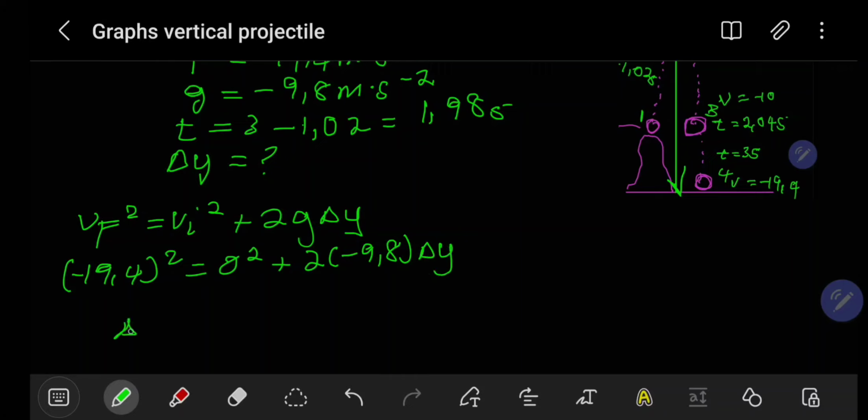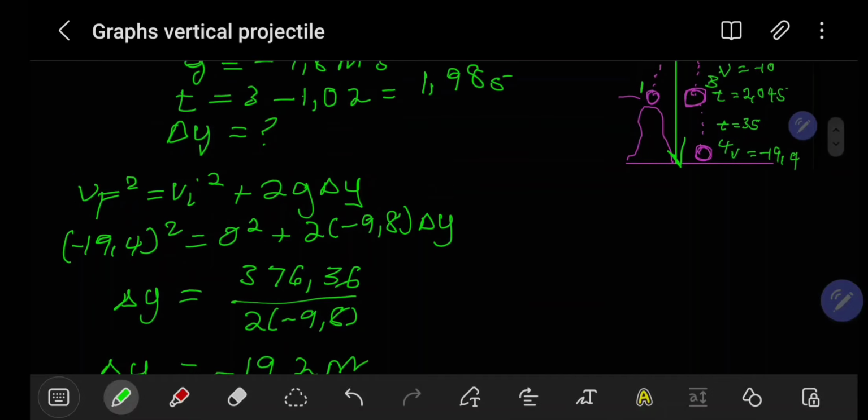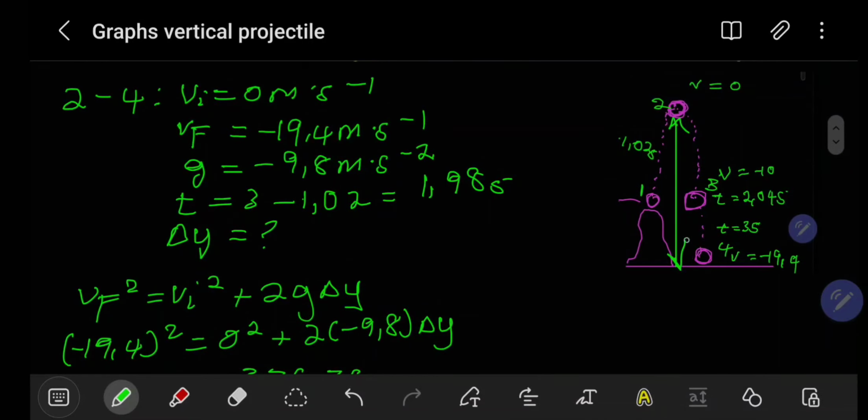Then when we simplify this, we will have change in displacement equals 376.36 divided by 2 into minus 9.8, and now our change in displacement, or our maximum height, is negative 19.2 meters. So this is the displacement from the ground to the maximum height reached by the ball.